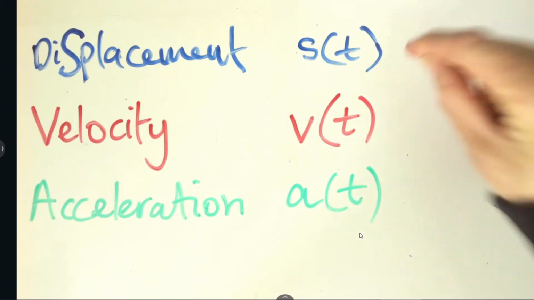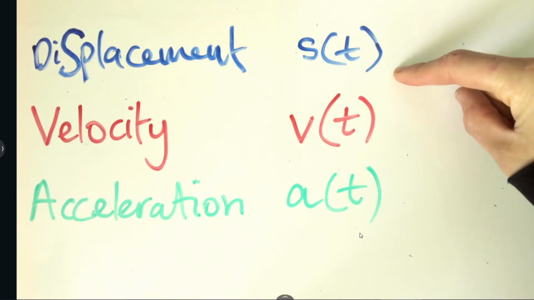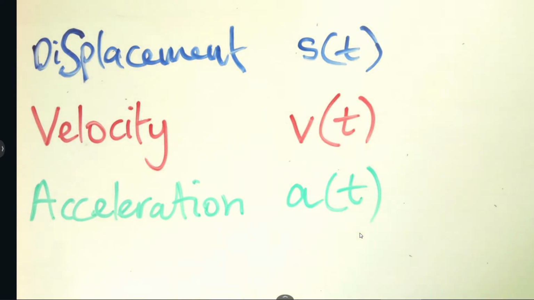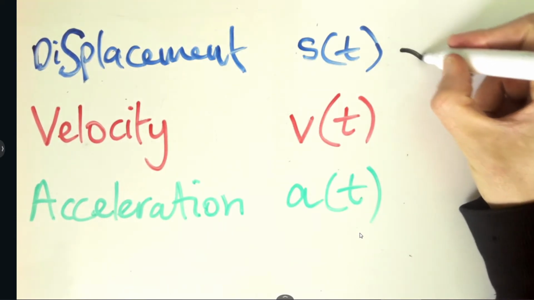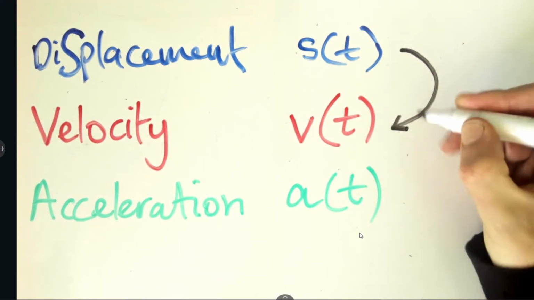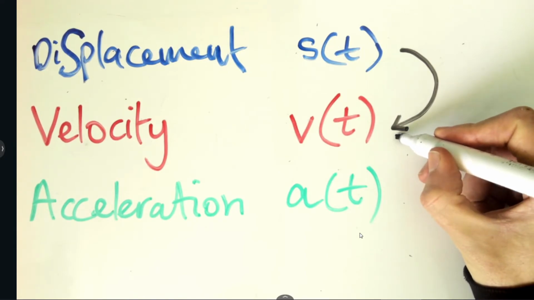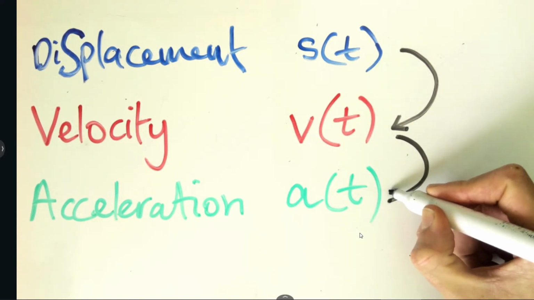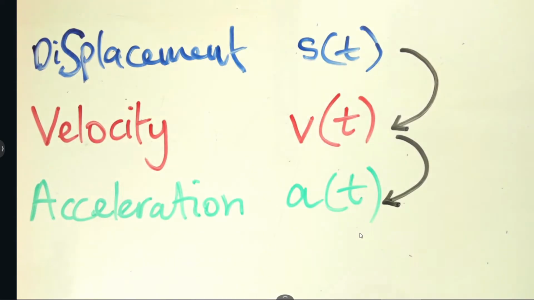Your distance or your displacement is affected by your velocity, right? And your velocity is related to your acceleration. So these things are related to each other, and actually they are related through differentiation.